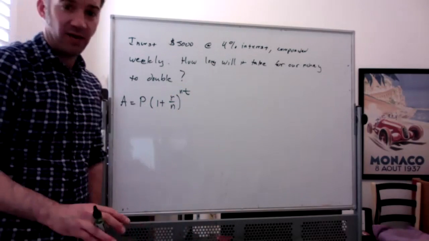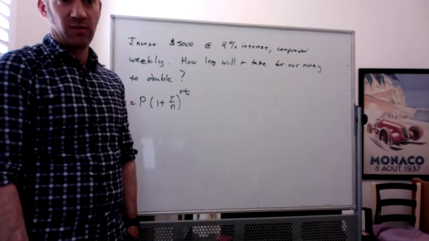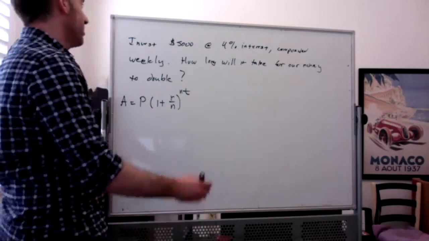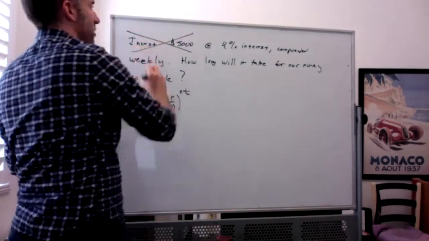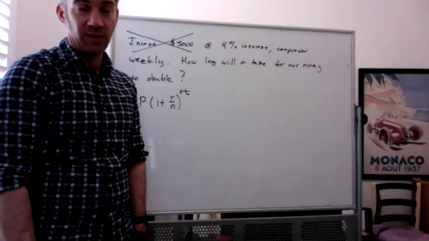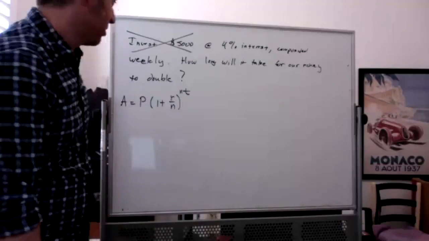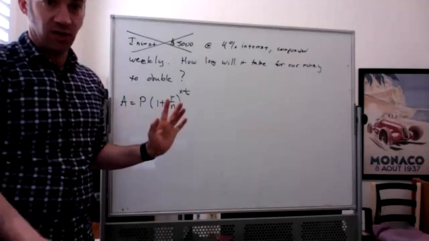I will also point out this question could have been asked without giving you a principal amount. I could have just said, we're earning 4% interest and compounding weekly. How long will it take for any investment to double?